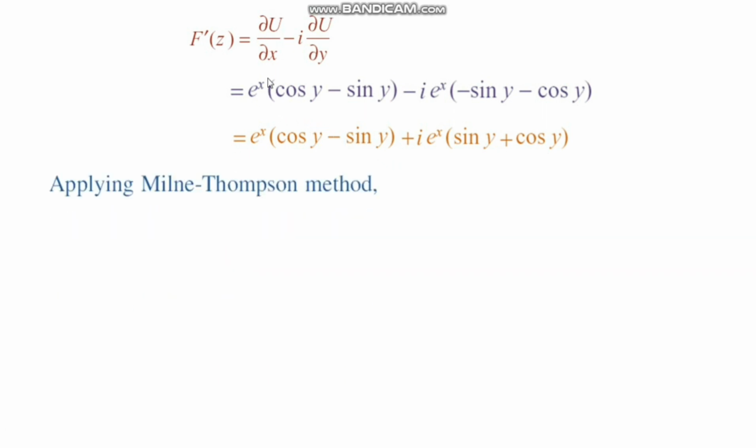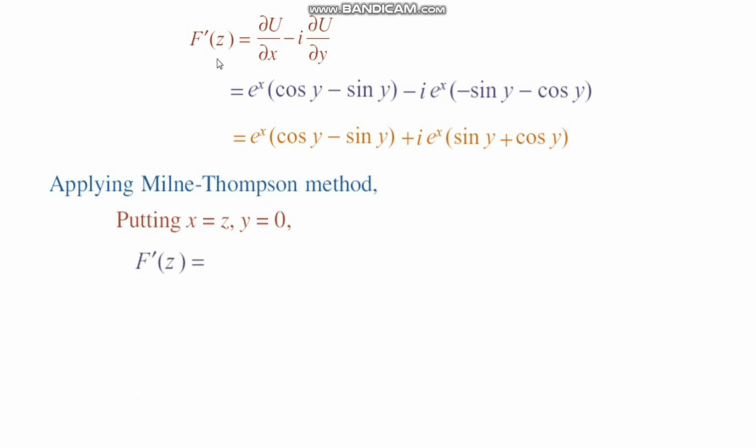To get capital F(z), we can apply the Milne-Thomson method. Milne-Thomson states that wherever we have the variable x, x is replaced with the variable z, and y is replaced with the constant 0.